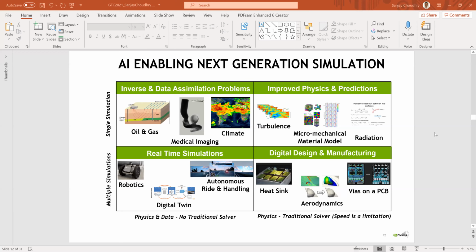whatever they are, these problems have some data that is measured data. And then if you fuse that with the physics, then you get a very good sense of the rest of the field for that problem.